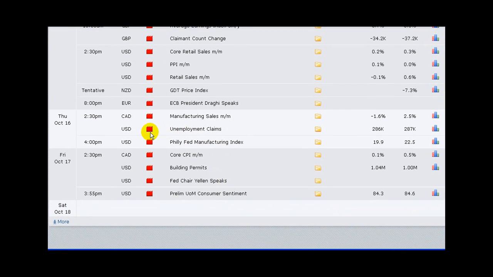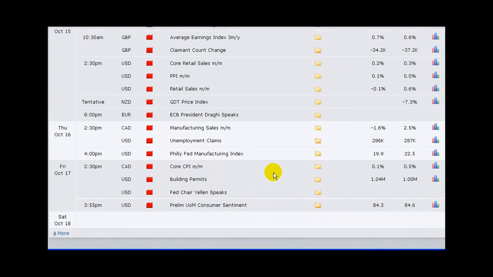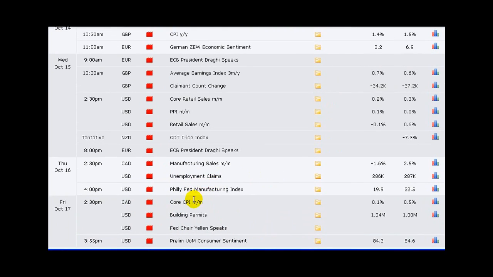Thursday, usual USD unemployment claims, and Friday, Yellen is talking at the Boston Conference of Inequality on Business Opportunity. So, few events there, notable ones, Mr. Draghi talking twice on Wednesday.